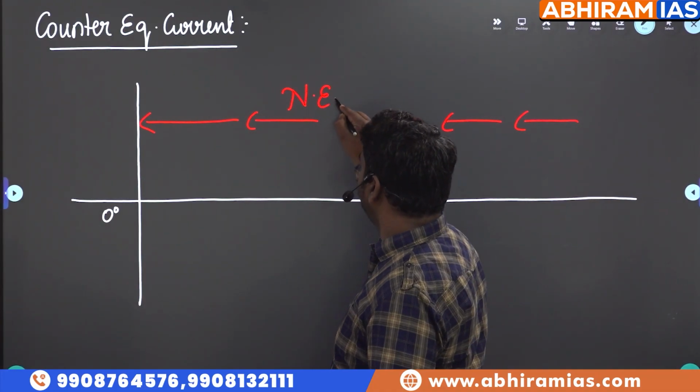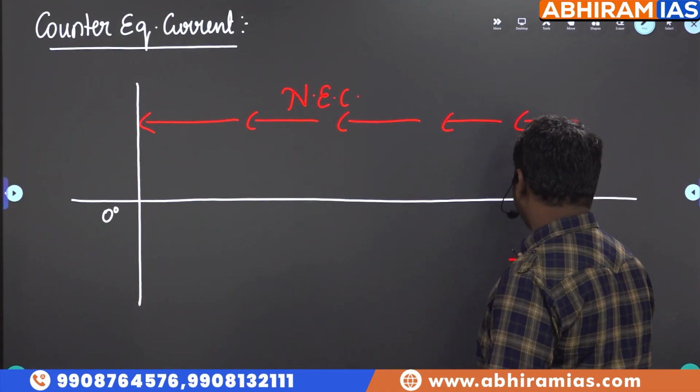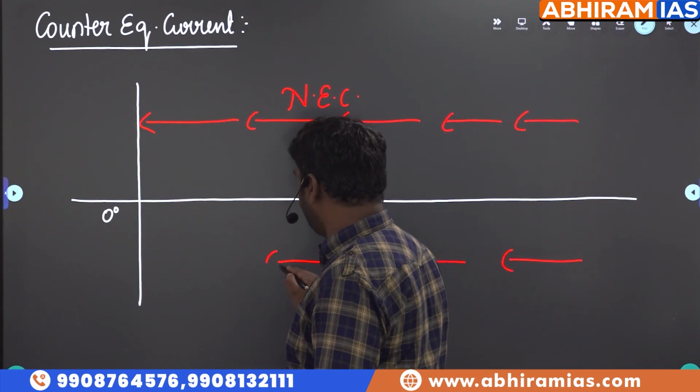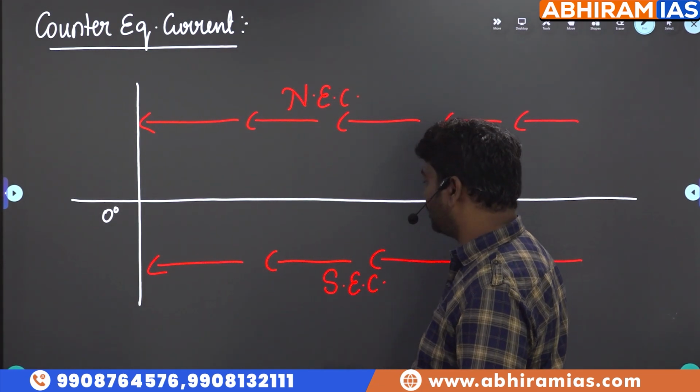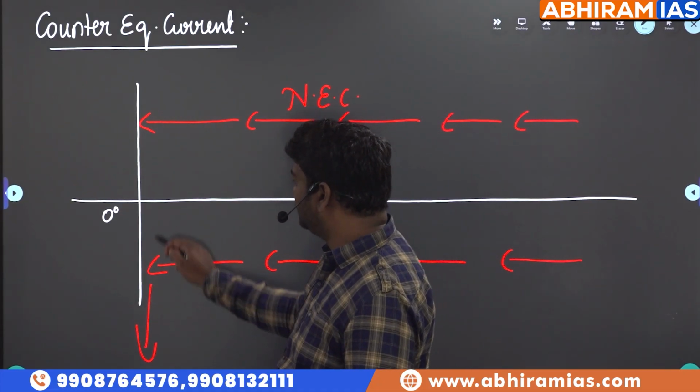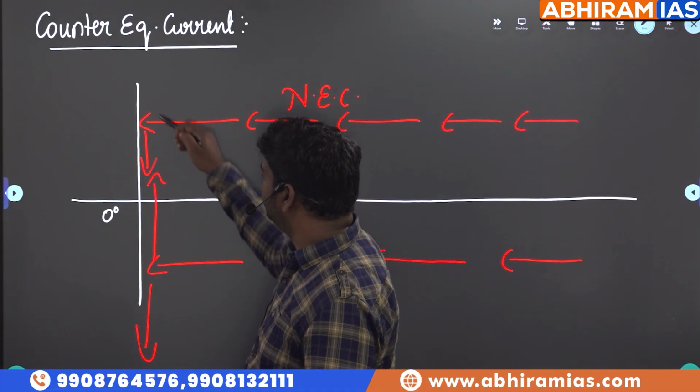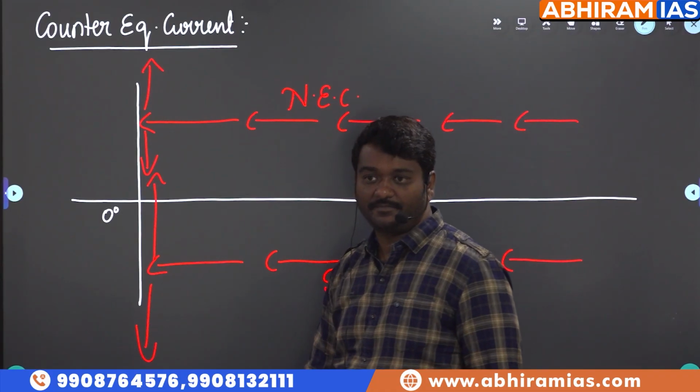North equatorial current. Below the equator, which ocean current do you have? South equatorial current. Now you see, one branch goes like this, another comes like this, and another goes like this.